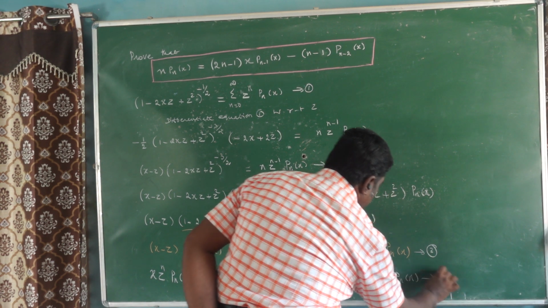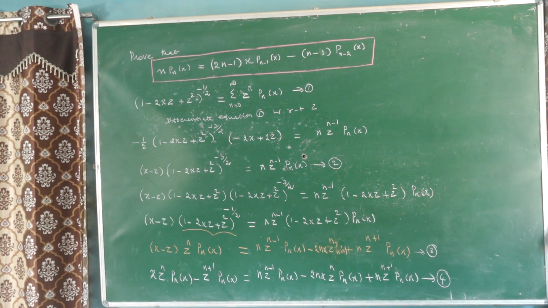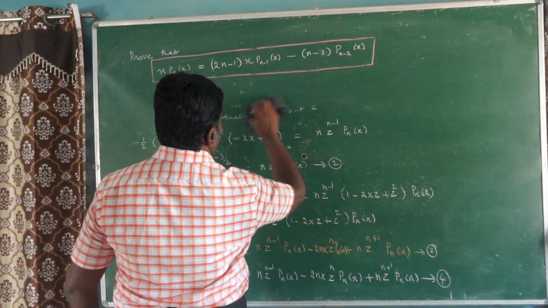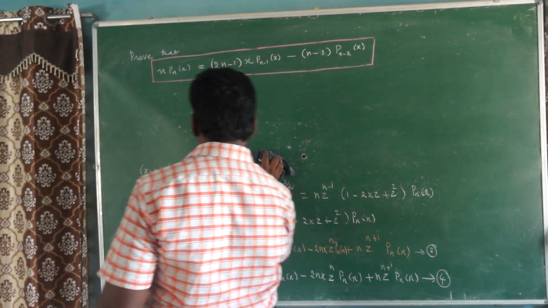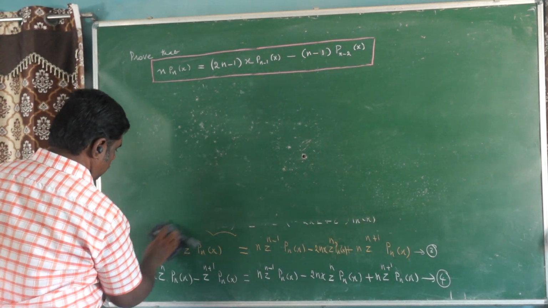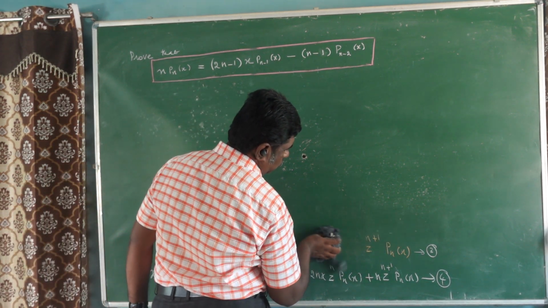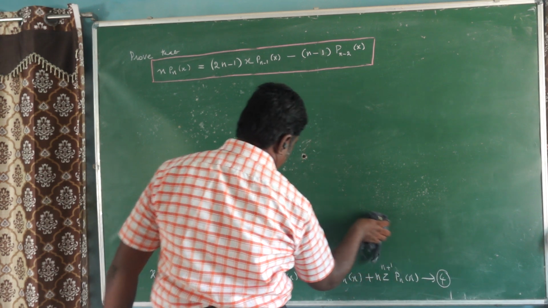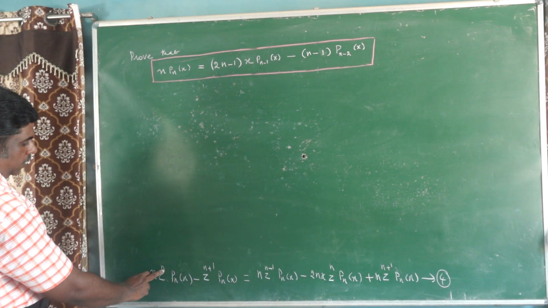This is equation 4. Now we have to express all the powers of z in terms of n minus 1. For that, we should provide some modification to equation 4. Here z power n is present, we have to replace n by n minus 1.